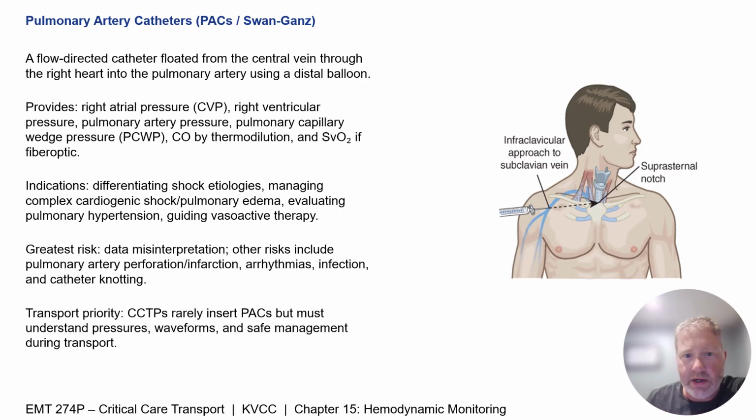It can provide right atrial pressure, right ventricular pressure, pulmonary artery pressure, pulmonary capillary wedge pressure, cardiac output by thermodilution, and sometimes even mixed oxygen saturation. So lots of value with your PA cath.